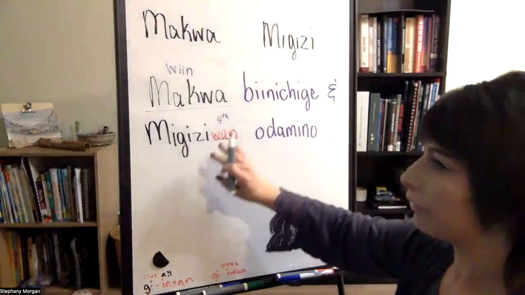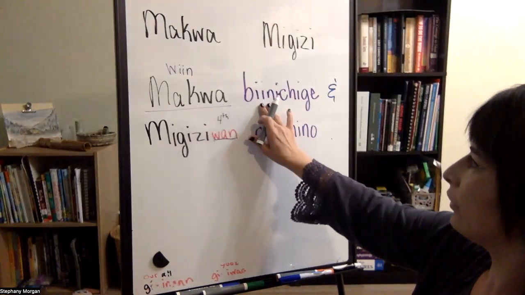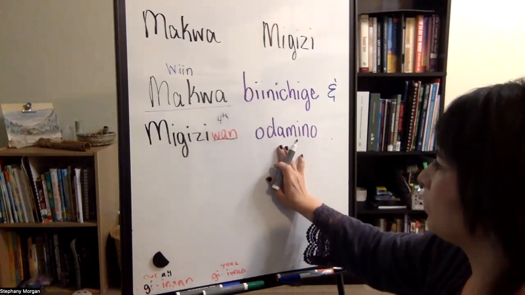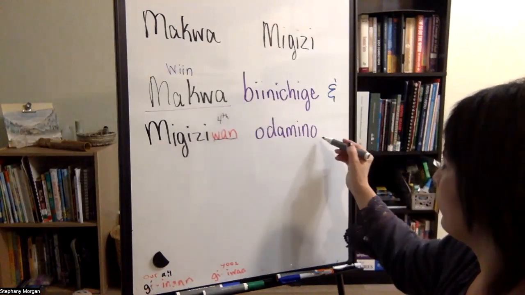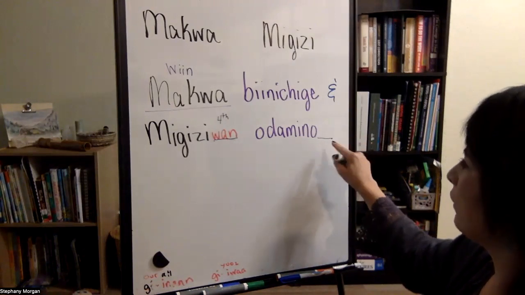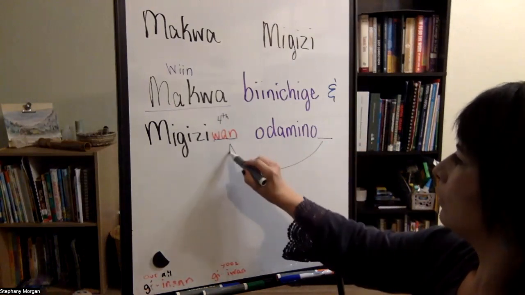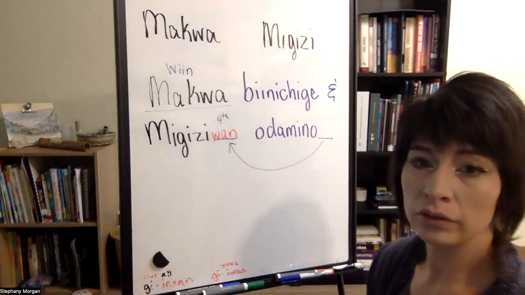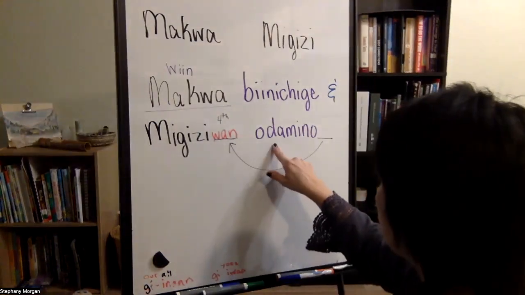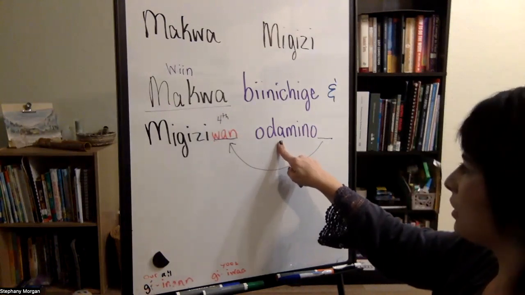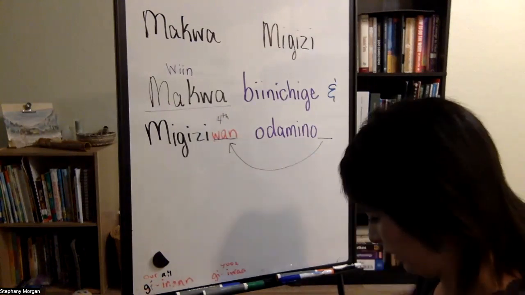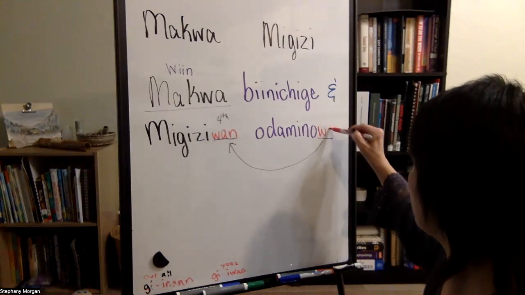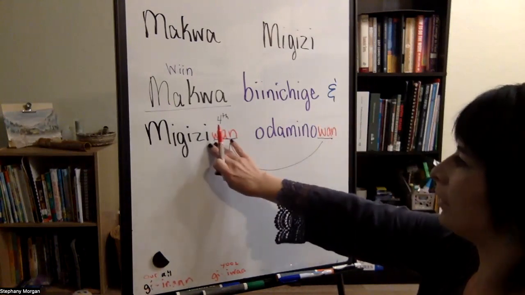So now we have third person, but third person is still looking like Makwa is doing both the cleaning and the playing. So we need to put something on the end of this verb that makes it agree with Migizi. So looking at your paradigms, the VAI, because this is he or she's playing, there is no object. We add wan to the end. Sometimes it will be identical to the ending on the name.